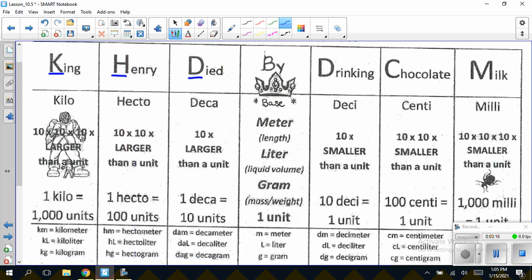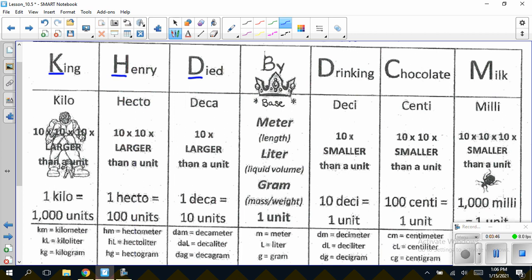So to be able to tell the difference between the two when you abbreviate them, the deca is abbreviated with the DA to help us out with that. Now notice a deca unit is 10 of those units. So if you have a decameter measuring in length, it would take 10 meter sticks to create a decameter. Again, this is another unit of measure that you do not see as often within the metric system.